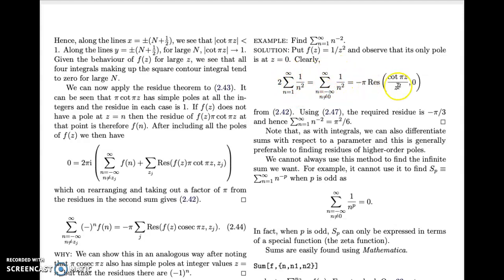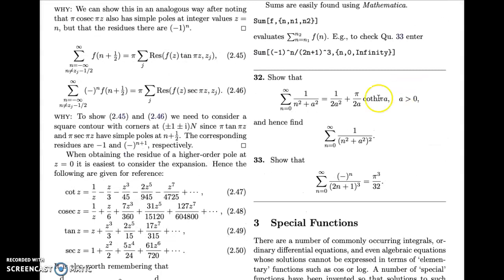Okay, so the formula gives us, there's just one pole, so we just need to find the residue of this thing at z equals 0, which is straightforward to do from this formula. So we have to divide by z squared and then look at the coefficient of 1 over z, which will be minus 1/3.